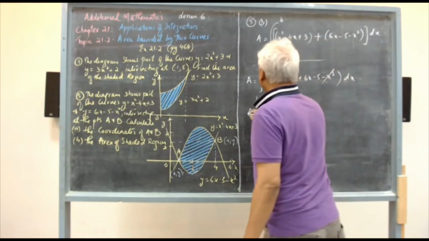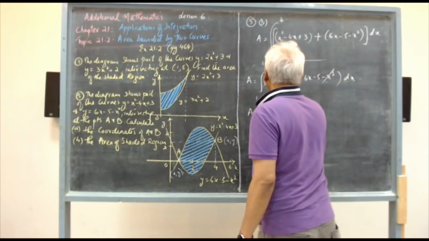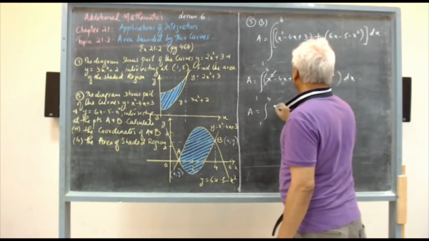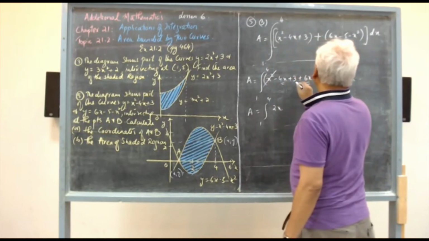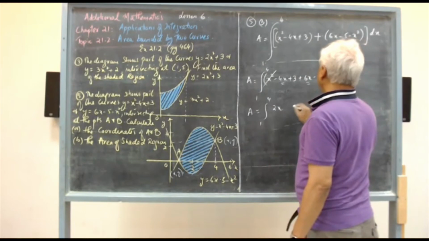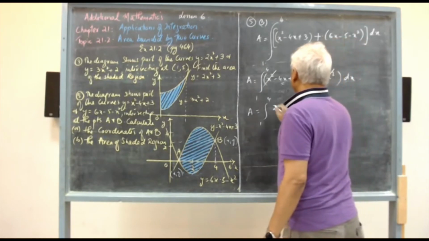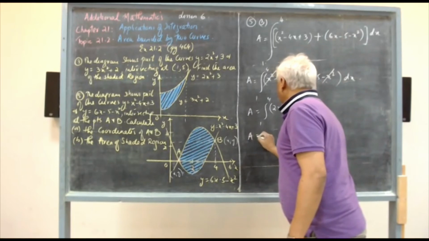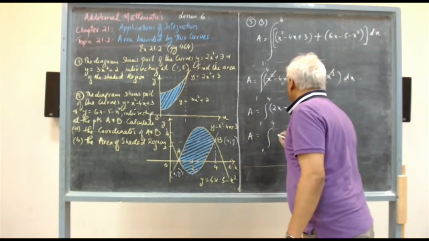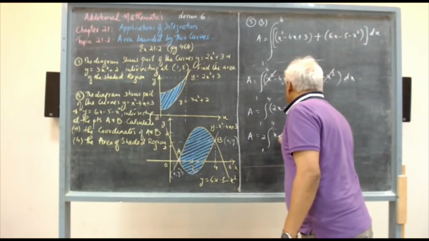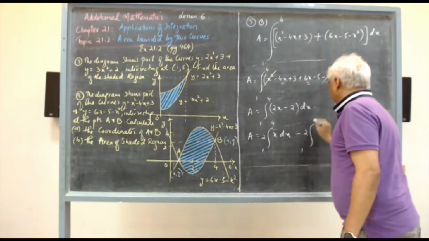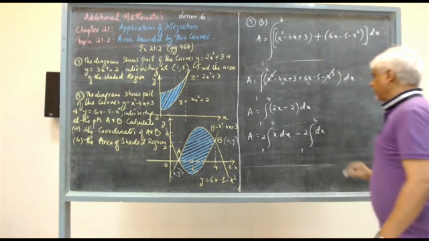So the shaded area is now equal to the integral from 1 to 4 of 6 minus 4, which would give you 2x, and 3 minus 5 will give you minus 2, dx. Now we can break it down: taking 2 outside, the integral from 1 to 4 of x dx minus 2 times the integral from 1 to 4 of dx.